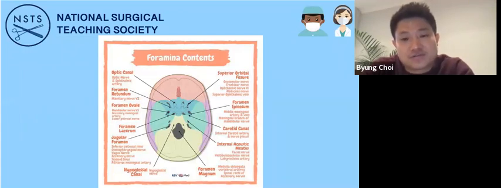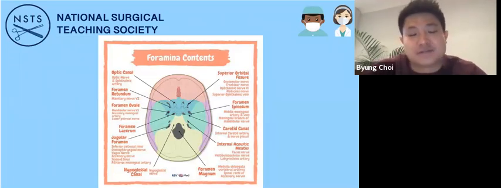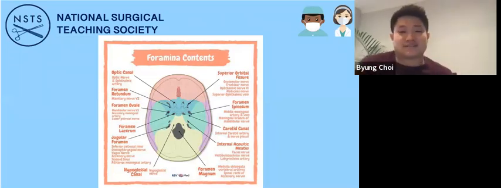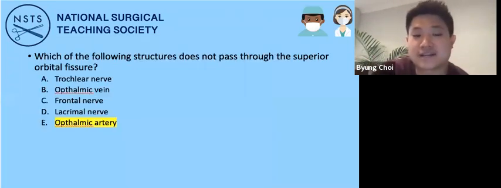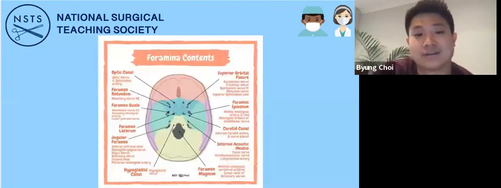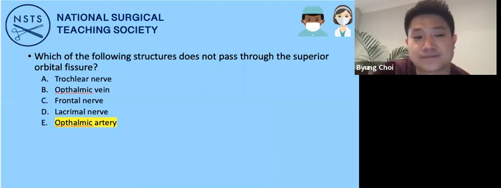These are the structures that pass through essentially the sphenoid dural sinuses, and the ophthalmic artery is carried through in the optic canal along with the optic nerve. So that's the odd one out in this question.